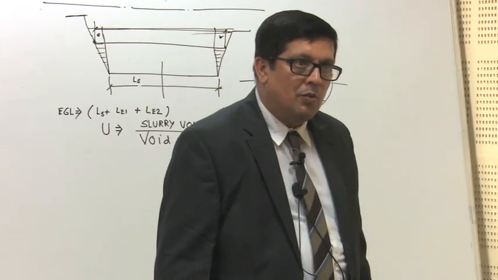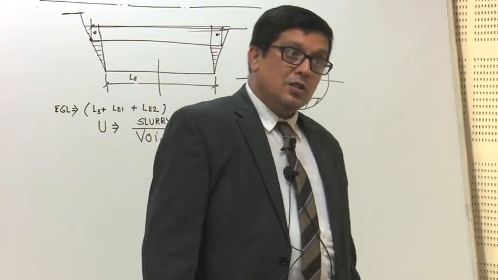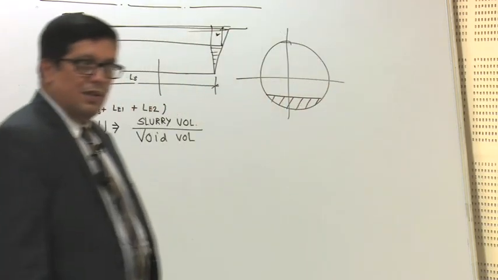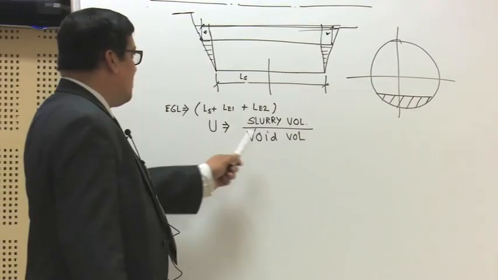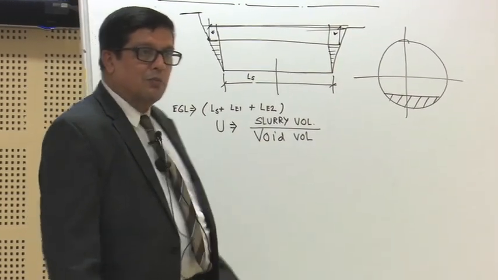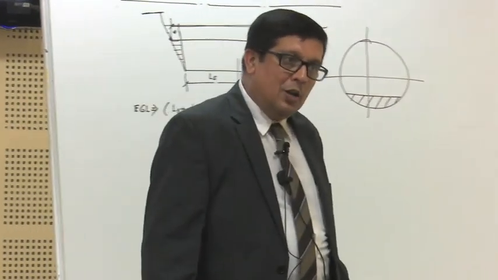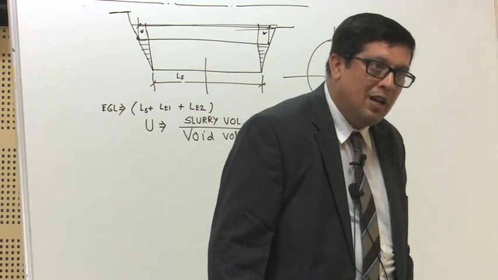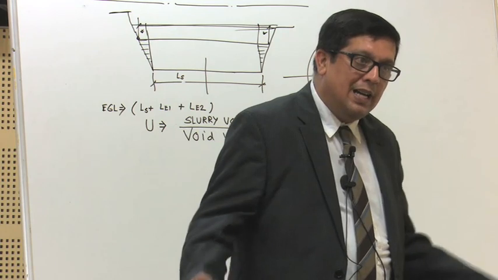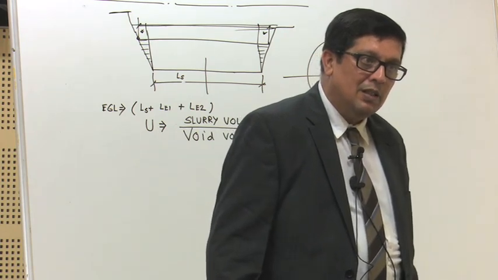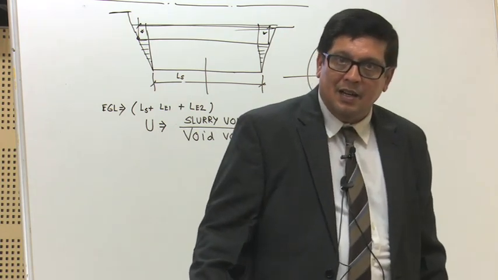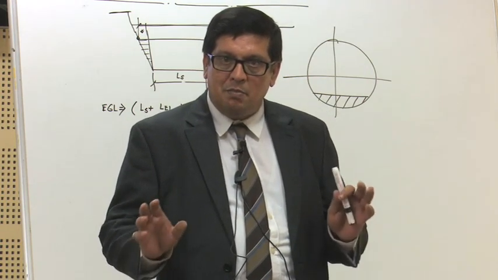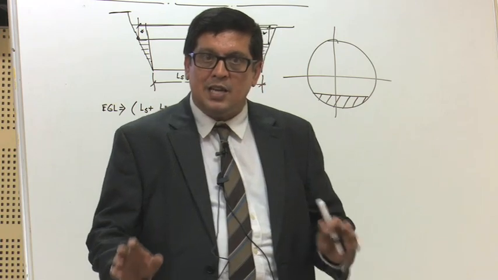What would be the ball charge volume corresponding to that slurry volume, so that U is 1? It is very easy. U is 1 means void volume equals slurry volume, and I know the porosity of the charge is 0.4. So if I divide the void volume by 0.4, I get the ball charge volume. Is that clear? Porosity of the charge is 0.4, that is 40% of the charge is void.